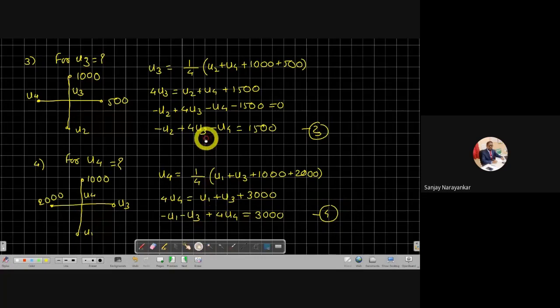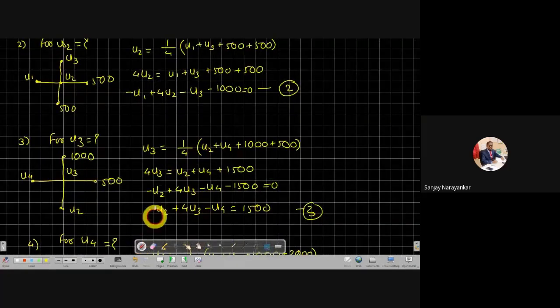Similarly, I'll rewrite this: U1 plus 4U2 minus U3 is equal to 1000. That is equation 2.